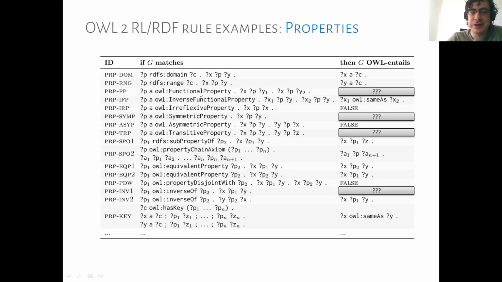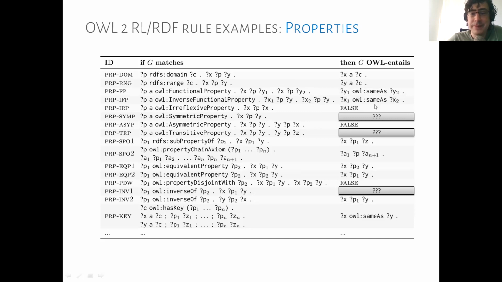So for example, biological father is a functional property. Sam has biological father Fred. Sam has biological father Tim. Maybe then we would say that Fred and Tim are the same, right? Somehow that something can only have one value for a functional property.